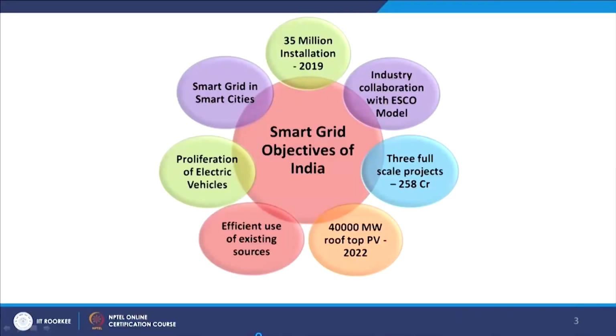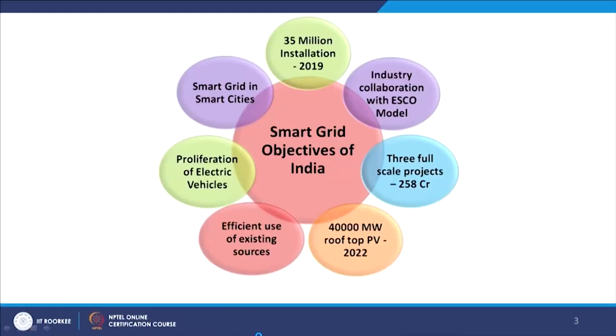Now, if you see, India's journey in the field of smart grid is quite significant, and the smart grid objectives of India highlight many goals and desired milestones. 35 million smart meters installation by 2019, which is a huge target. Industry collaboration with the ESCO model, a very new initiative where energy efficiency schemes are adopted by the distribution utilities.